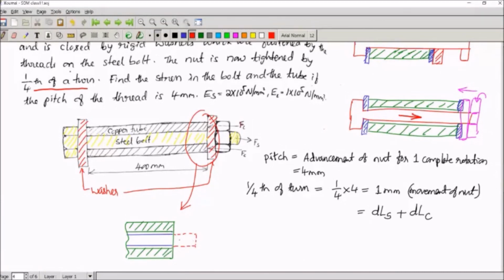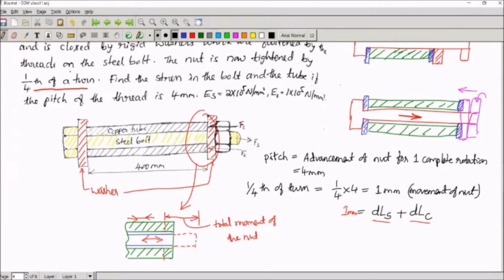The bolt length is extended and the copper tube will get compressed. So the total movement of the nut is so much. The bolt is under tension, the copper tube is under compression. That is why I have written that the total movement of the nut is 1 mm, which should be equal to the deformation in the steel bolt plus the deformation in the copper tube. If this equation is clear to you, then you can easily solve this problem.